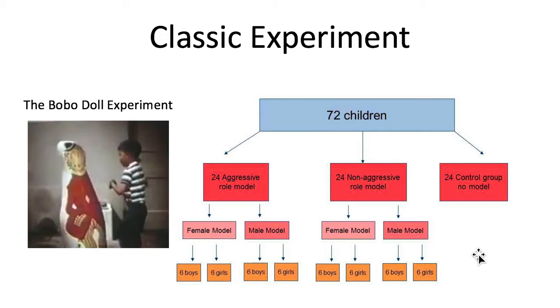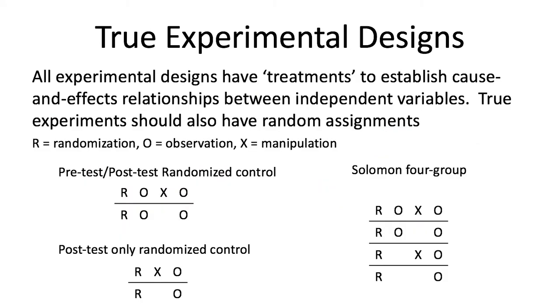Now, this is a really good setup in a lot of ways, and we're going to talk about some of the characteristics that it has that are so good. When we think about the essential characteristics of what makes a true experiment, there are a couple things that they have in common. One, there should be random assignment to the different interventions or different treatments.